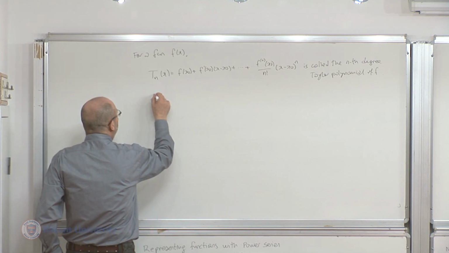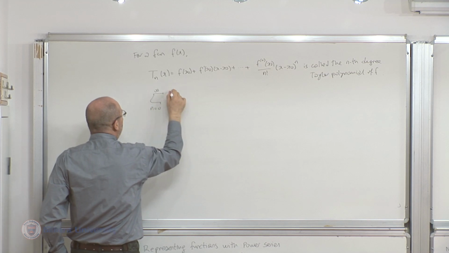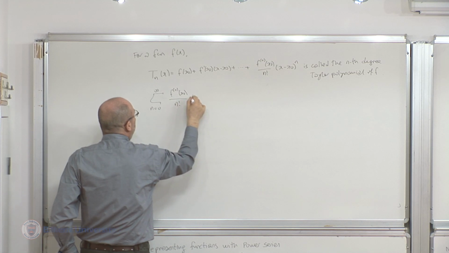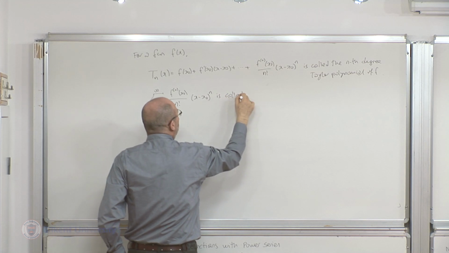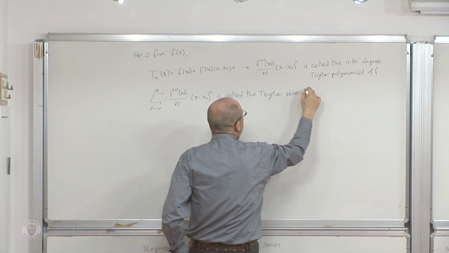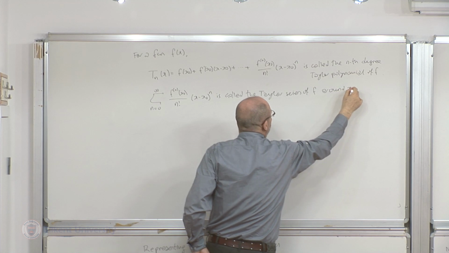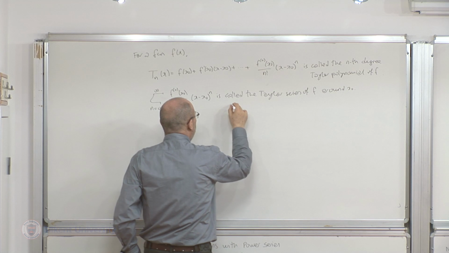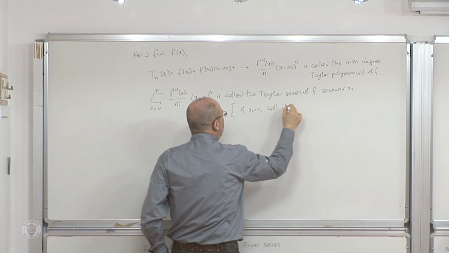If the function is C infinity, then I can write this also as a power series. It is called the Taylor series of f around x sub 0. For some reason, calculus books insist that if x sub 0 is 0, you call it the Maclaurin series.